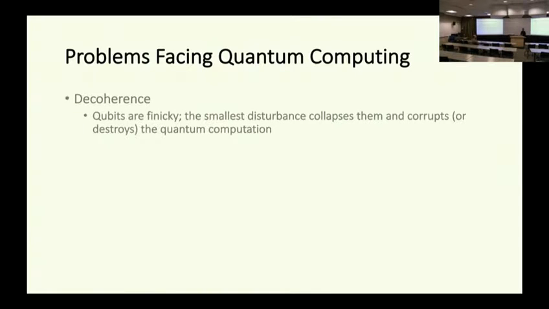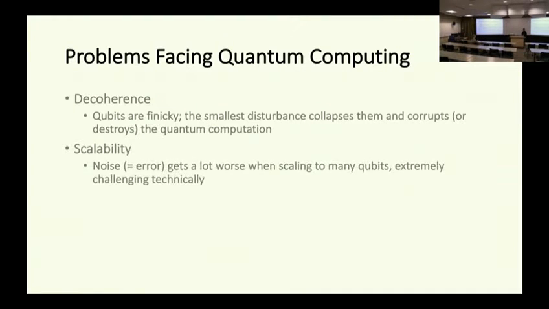I think I already mentioned the problems facing quantum computing. One is decoherence. Qubits die. Noise collapses them and corrupts them, and that basically stops your computation. That's kind of a problem, isn't it? Scalability, as I said, is a huge problem in terms of creating many, many qubits and then entangling them, superposing them. All of those kinds of operations become very complex when you have more than a few qubits.